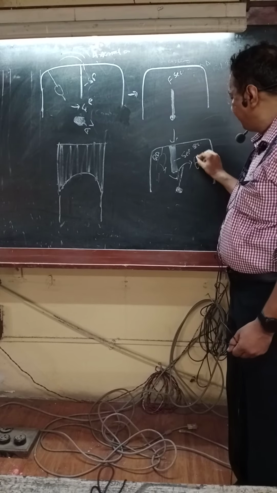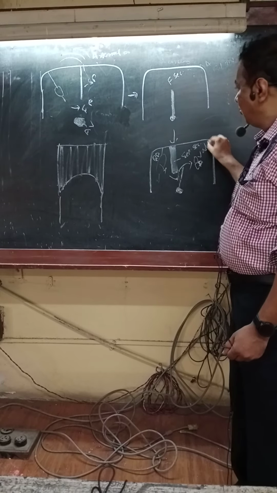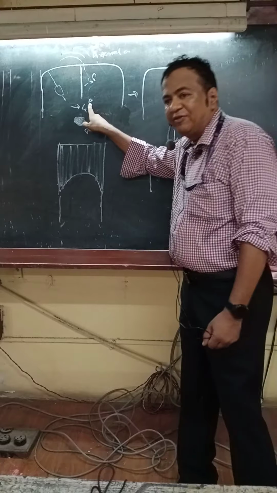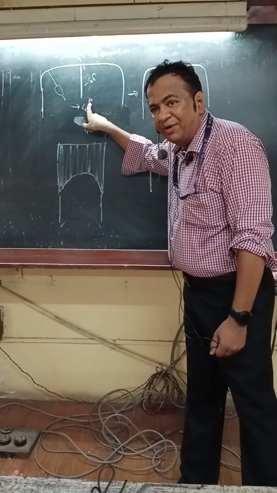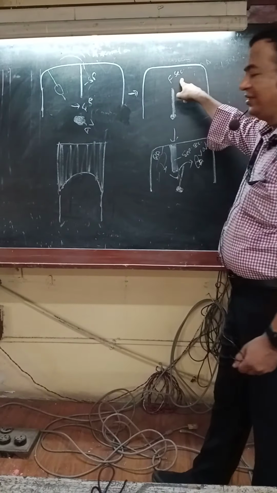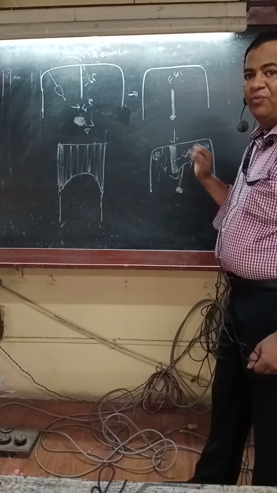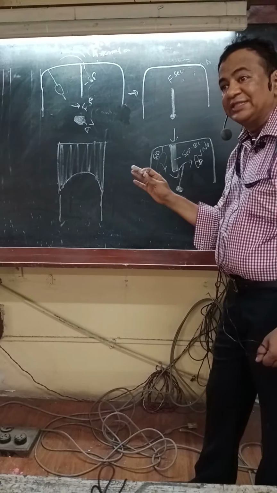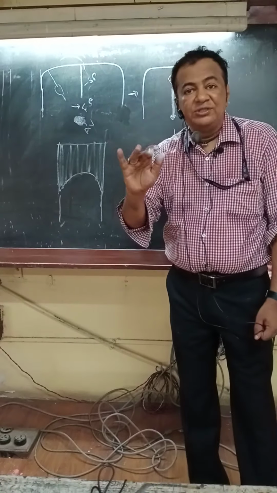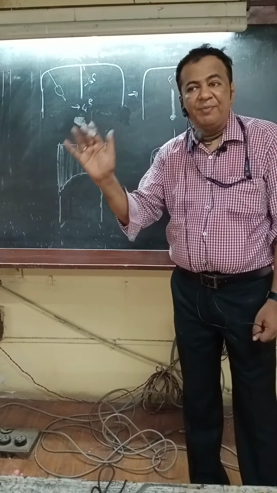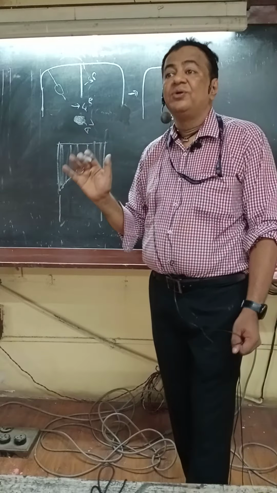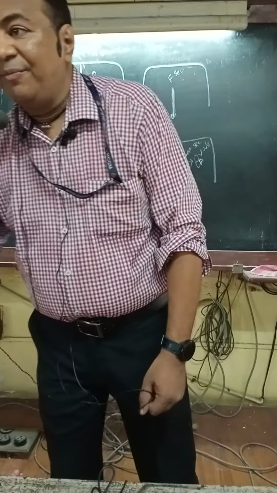This foramen is called foramen ovale. Started with foramen primum, then foramen secundum, then ended with foramen ovale. So this closes. If it doesn't close, it leads to patent foramen ovale.